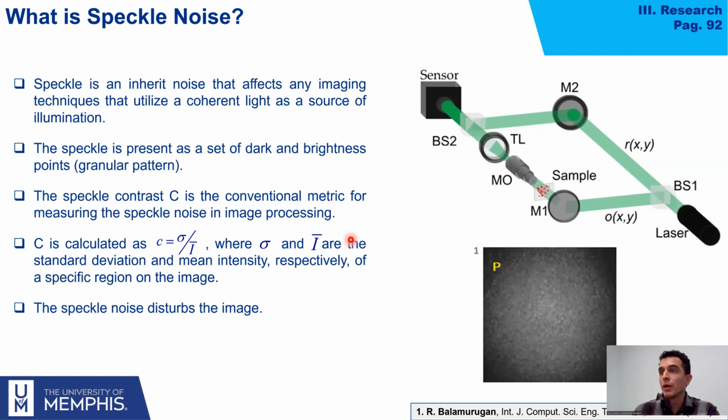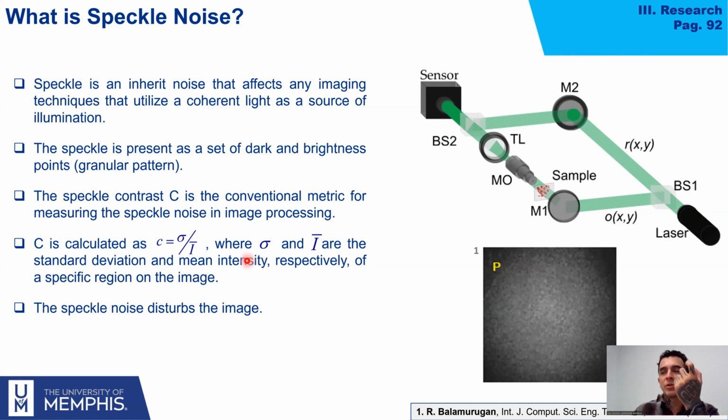Of course, speckle noise affects digital holography and digital holographic microscopy. The speckle noise generally looks like a pattern of granular dark and bright points that affect the quality of the image.